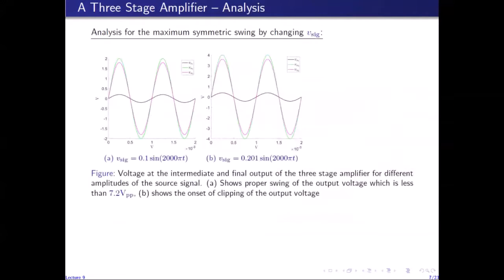So 0.4 volts peak-to-peak means 0.2 volts peak. If I apply 0.2 volts peak, I'll get a sine wave at the three outputs.